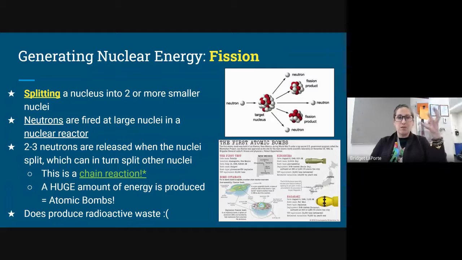That means you have leftover elements that are still radioactive, but we can't really use them for anything. So we just have to stockpile them, put them in lead-lined containers, and then it's like, what do we do with all this junk? That's one of the pitfalls in nuclear energy when we use fission.